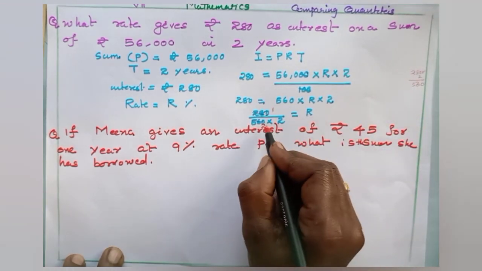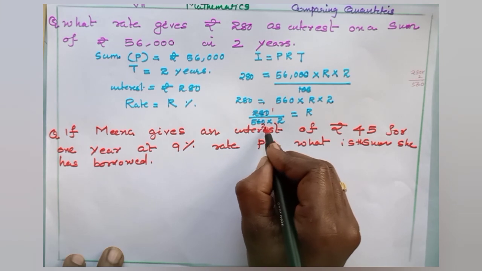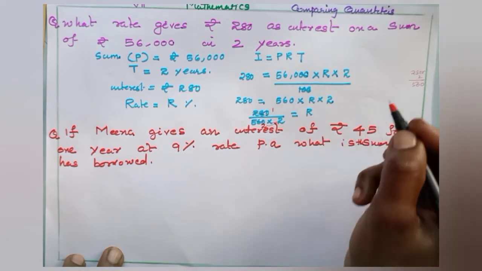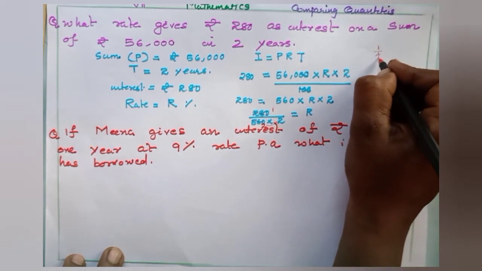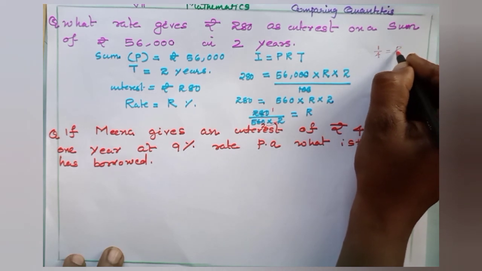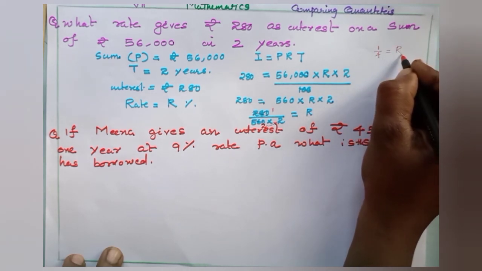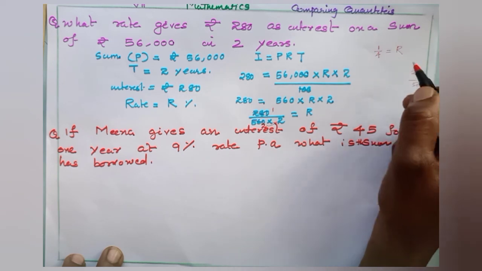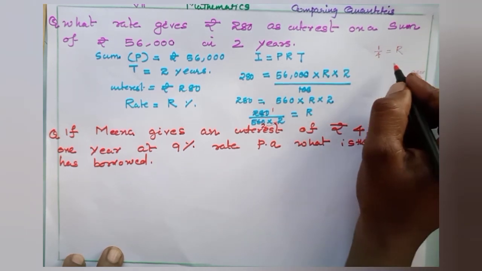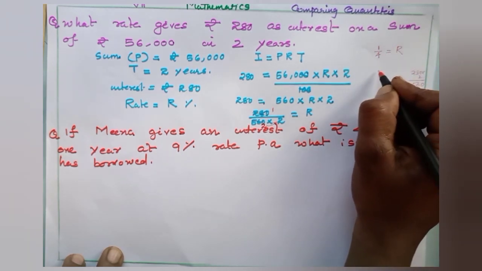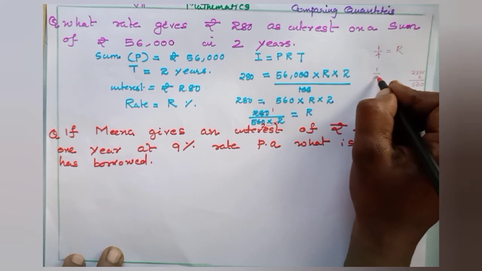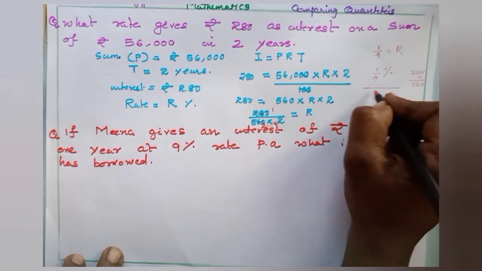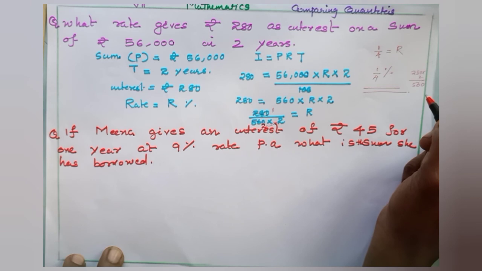So we get 1 here, and 2 into 2 is 4. So 1 by 4 is equal to R. Okay. 1 by 4 percentage is the rate of interest.